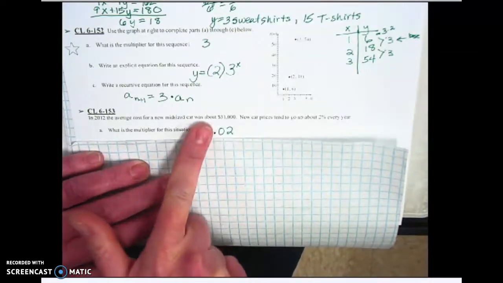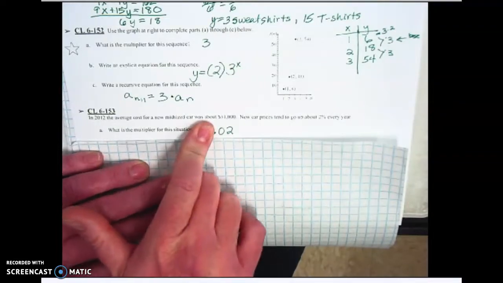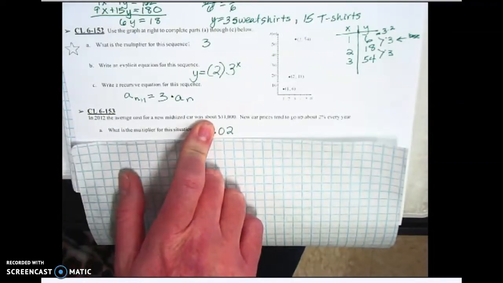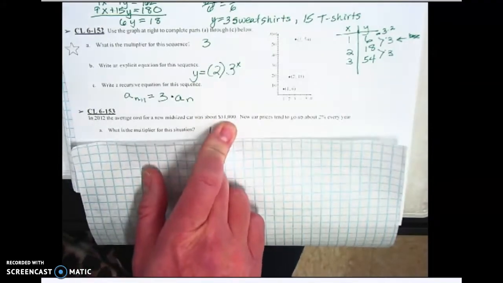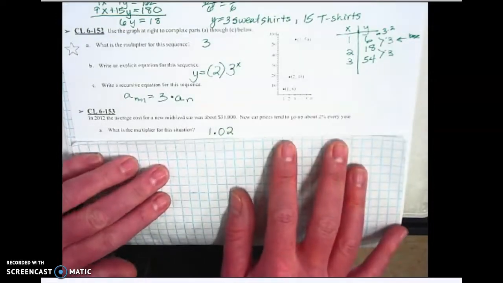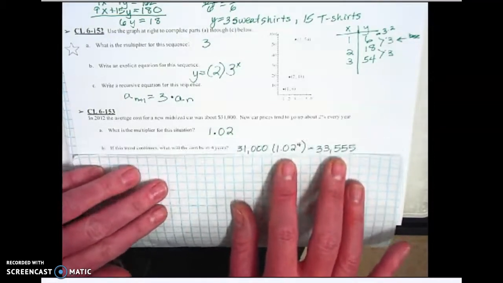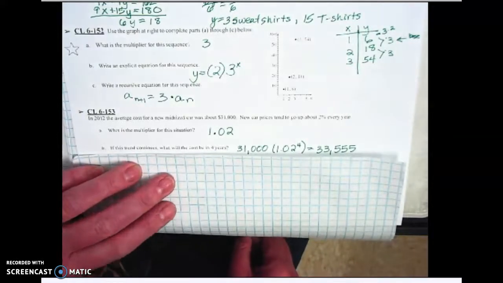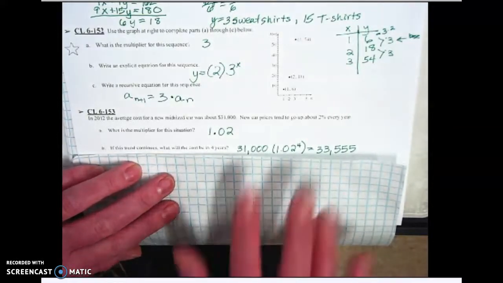So if you accidentally only multiplied it by 0.02, you would have to take that answer and do what? You would have to add the 31,000 back in. Okay? So it's not a total waste. All right. Part B, if this trend continues, what will the cost be in 4 years?